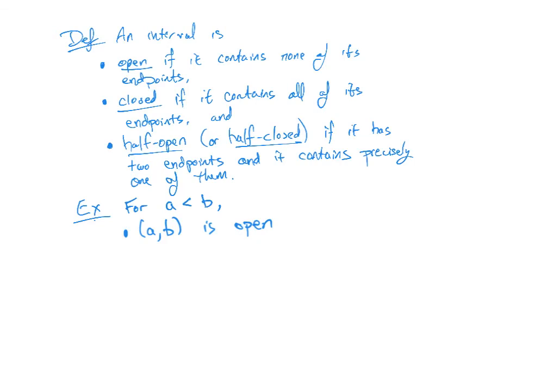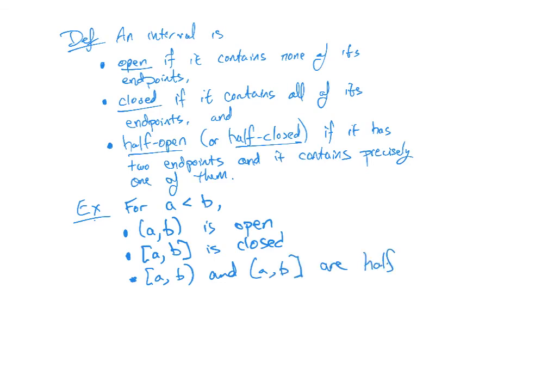Okay? The closed interval from A to B is closed. Again, thank God, and the two others, the half opens, they're exactly as you learned them, or I guess I should say our definition agrees with what you learned.